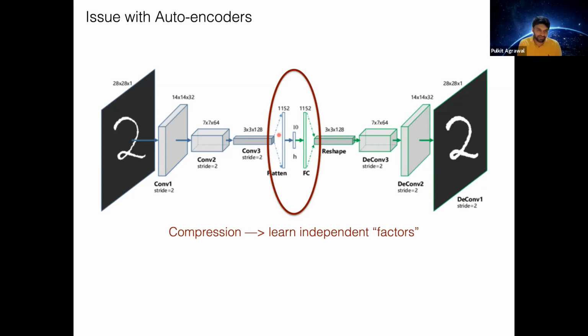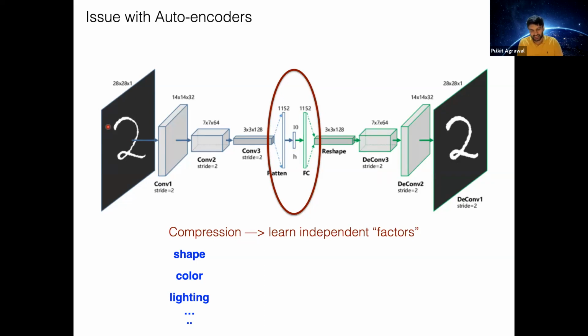For example, if I have natural images, you could expect that maybe I will learn to separate out shape from color from lighting. Because if you look at the physics of how an image forms, you have some shape, some light comes in, and depending on the texture or the color of the material, the reflected light looks of a certain color. So you could expect I'm going to learn features like this, which would be a good compression of my data.